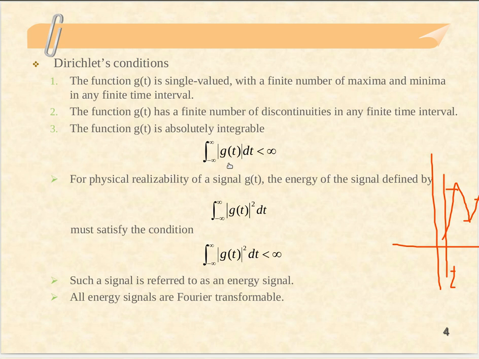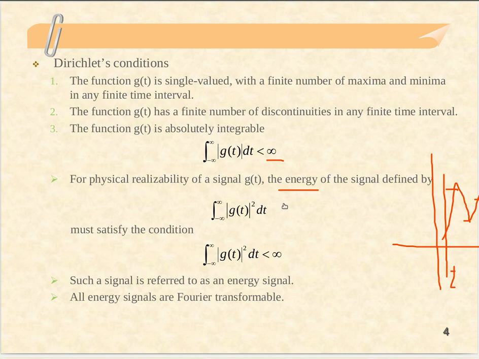So it does not give infinity if I take the integration. This means that if I take the integration of the square, I calculate the energy. This is the equation for the energy. You take the absolute value of your signal to the square, and you take the integration of this over the signal.